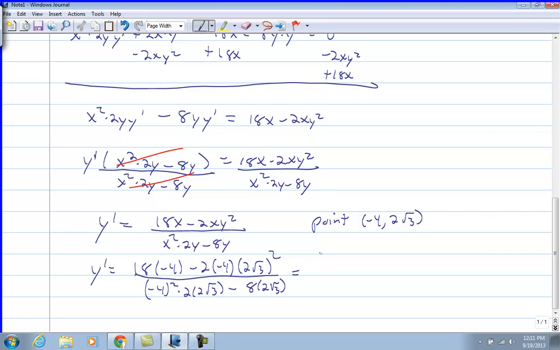Okay, so what does it look like in the numerator? So I drop in my calculator: 18 times negative 4 minus 2 times negative 4 times 2 times the square root of 3 squared gives me a numerator of 24.